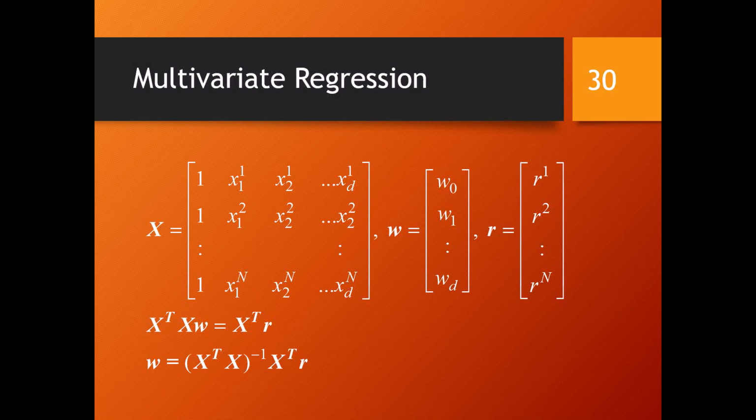So n is large, but don't worry. D usually is not that large. For example, here in my data, D is only 10. N is large. But we are going to calculate this.